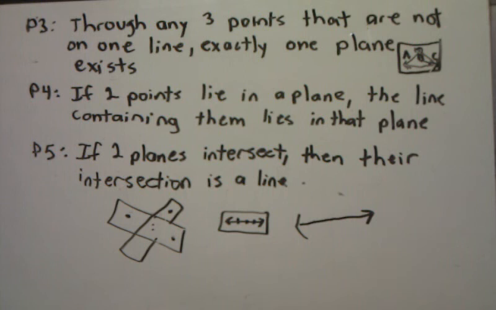Which postulates mention space? Postulate 1b mentions space. It says space contains at least 4 points not all on one plane. So it's going to be postulate 1b. In fact, I think that's the only one that mentions space, isn't it?